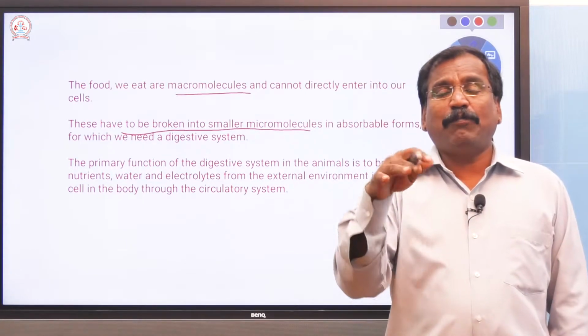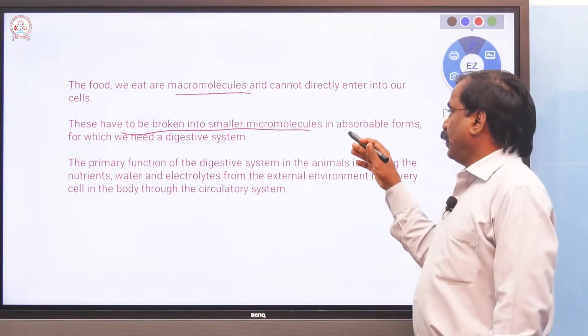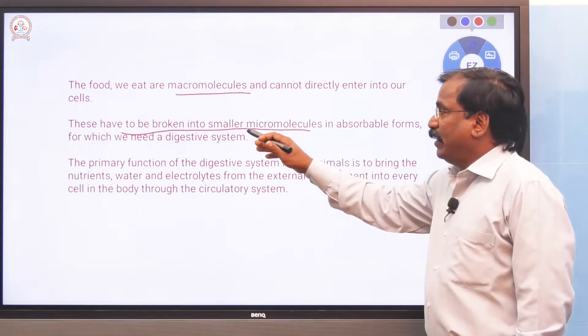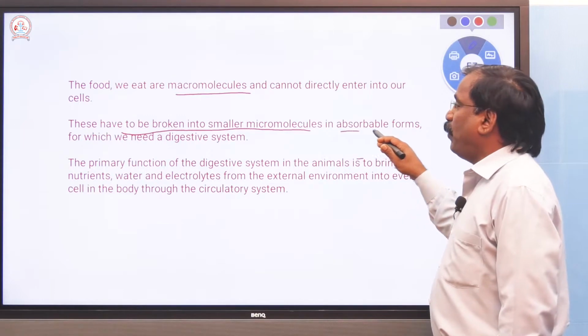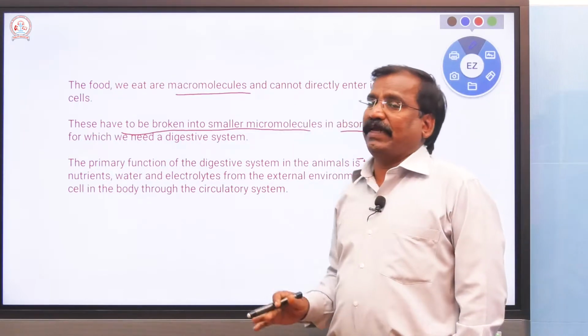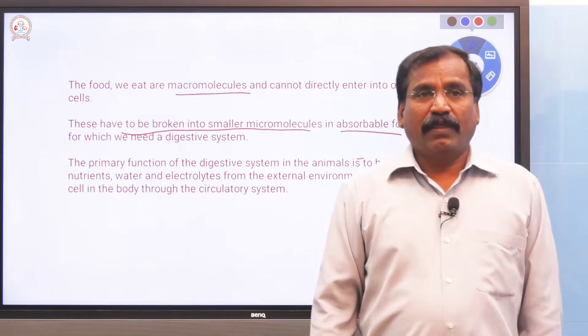Then only can they be absorbed. That conversion into a smaller absorbable form is called digestion.